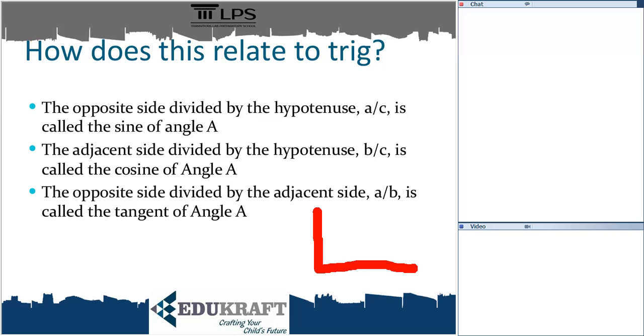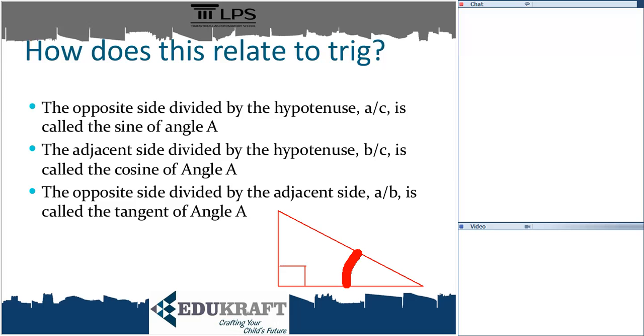Okay, and this is the angle I'm taking into consideration.